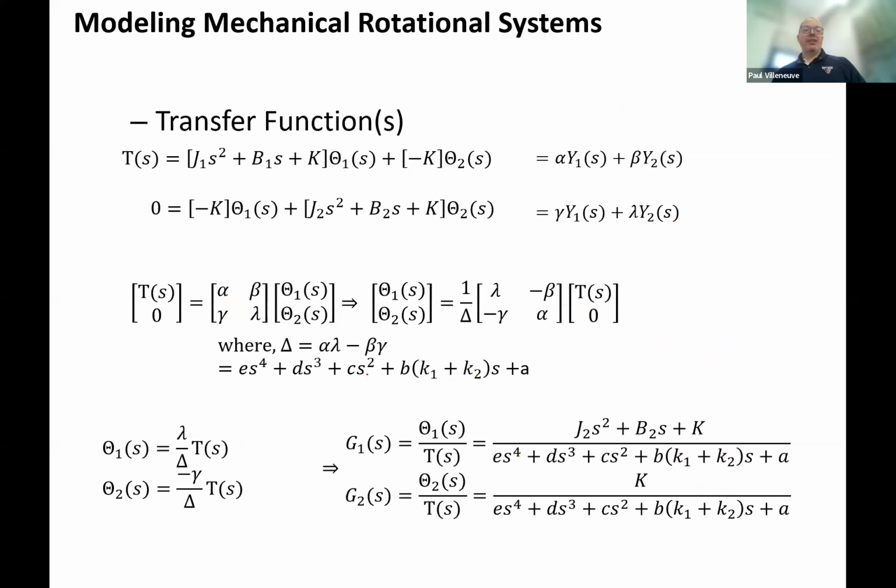Now I set those up into the single input multi-output system. Then I can write it as alpha, beta, gamma, and lambda. If you have had linear algebra, this might make a lot of sense, but this is using the method of cofactors to solve for these parameters.